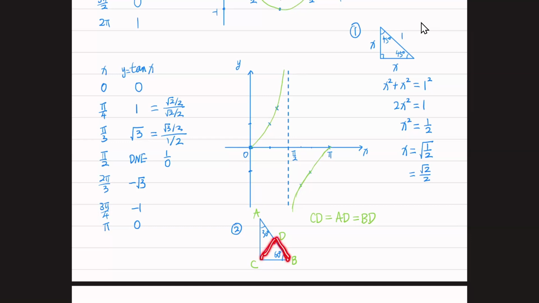What about this angle? That's 90 degrees. Huh? This angle. Oh, it's 45.